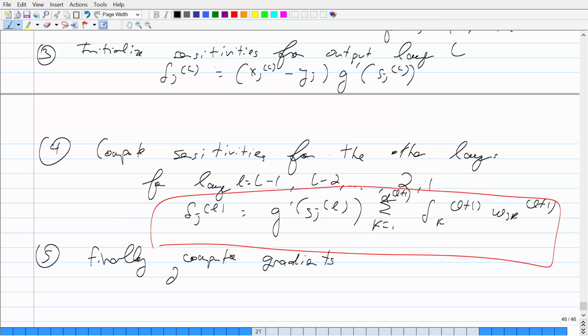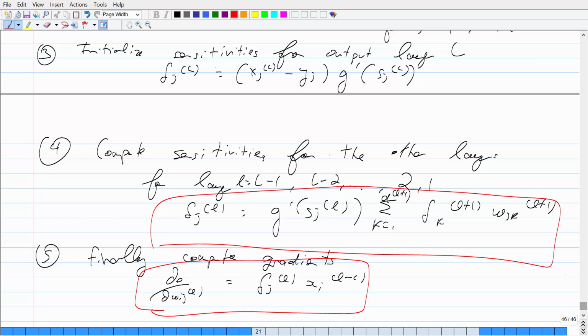Okay, so which is this? So it's just the sensitivities of layer L, and then the corresponding input. All right. Yeah, that is a lot of work.